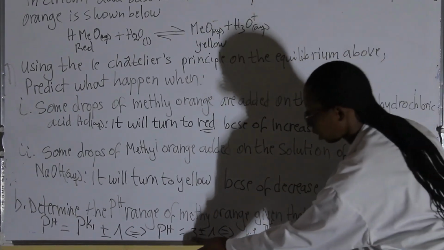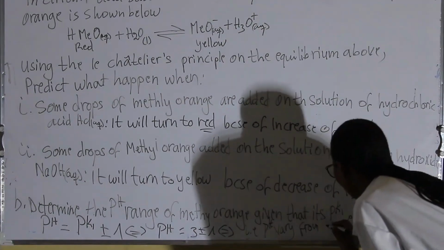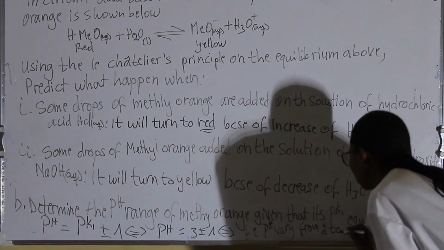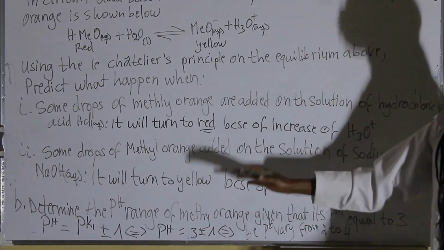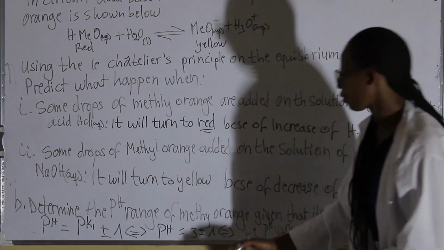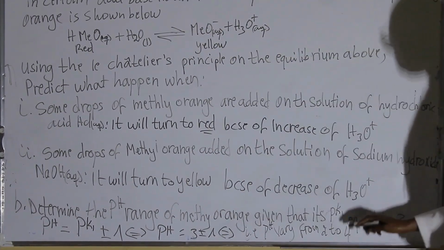When we take 3 minus 1 it is 2, and 3 plus 1 is 4. This means the pH of methyl orange varies from 2 to 4.